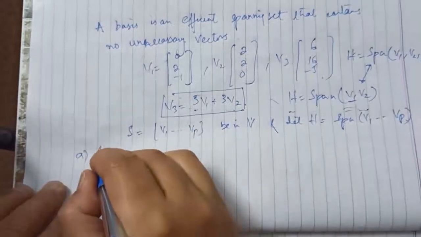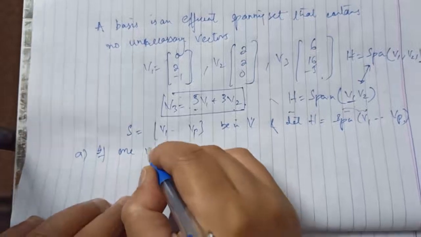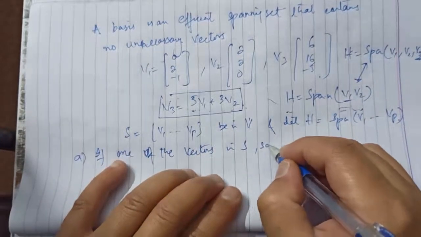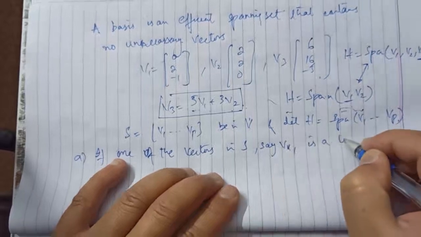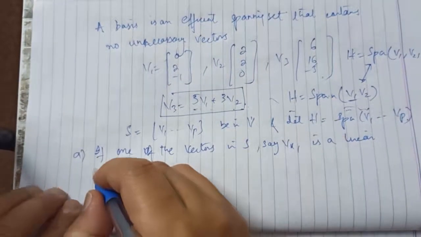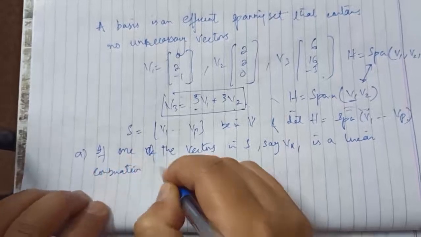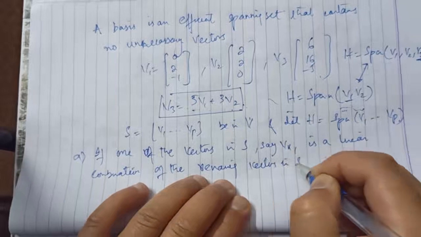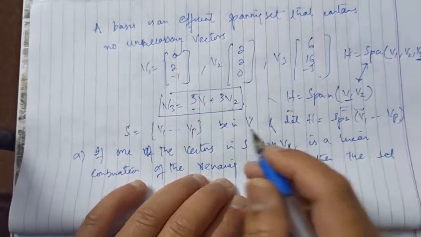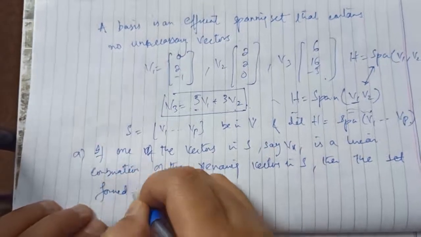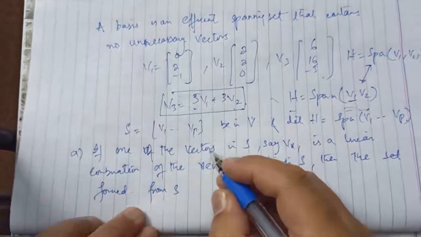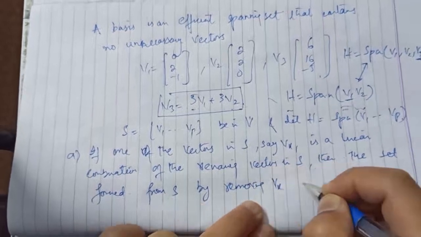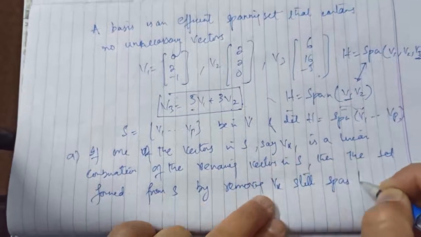It says that if one of the vectors in S, say vk, is a linear combination of the remaining vectors in S, then the set formed from S by removing vk still spans H, right?